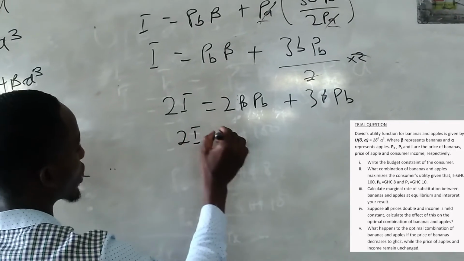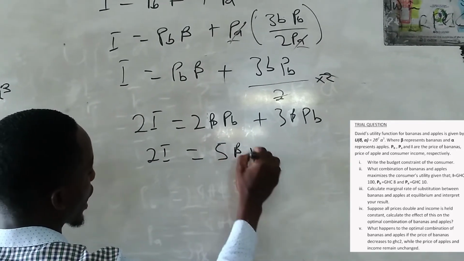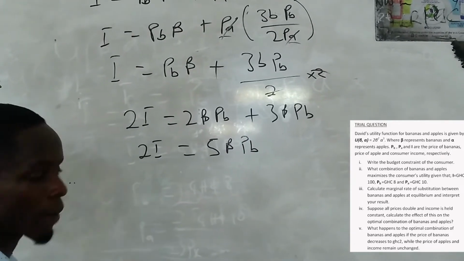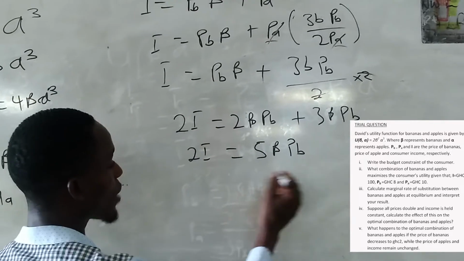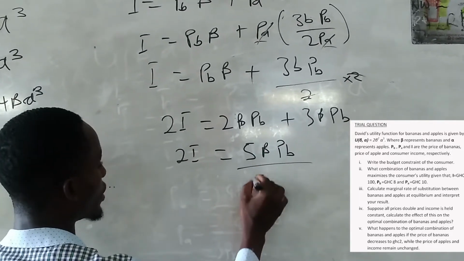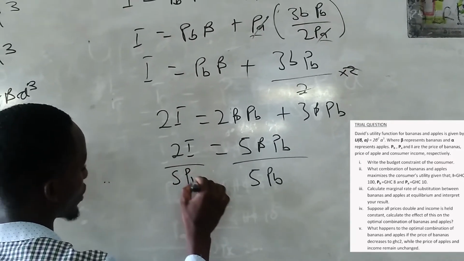What's happening here is that price of alpha, price of alpha will cancel. So I have my income equals price of beta times beta plus 3 beta price of beta all over 2.